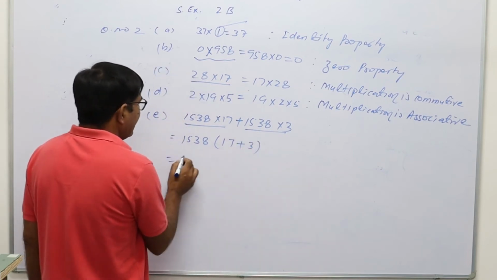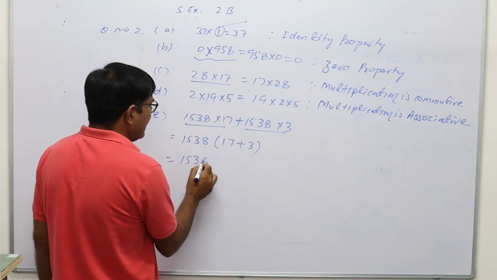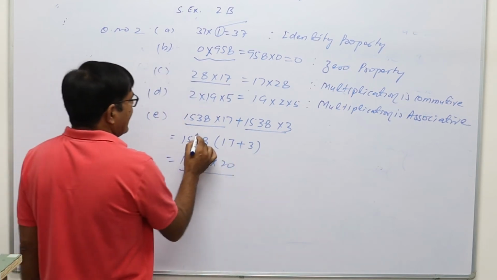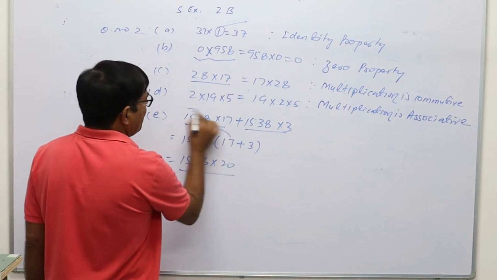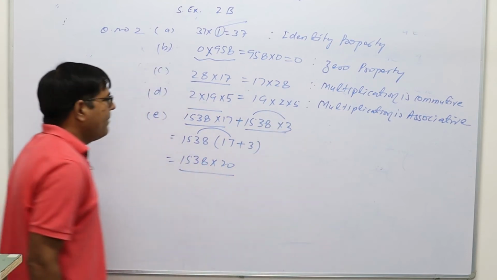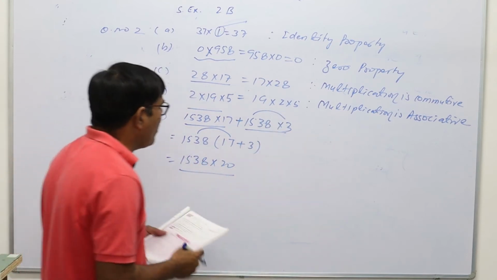So it can be written as 1538 multiplied by 20. So 1538 multiplied by 17 plus 1538 multiplied by 3. This is multiplication is distributive over addition.